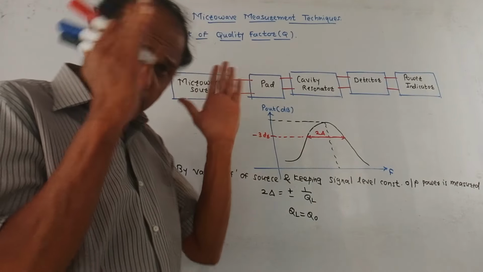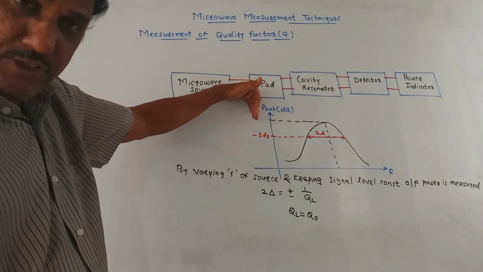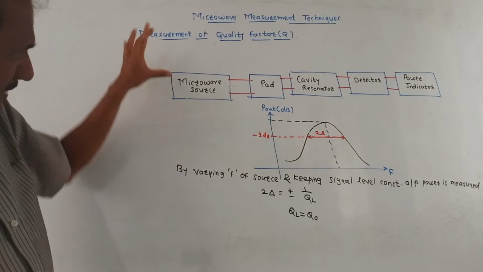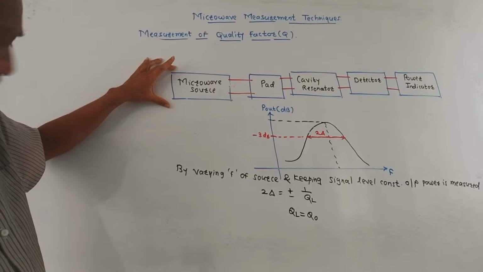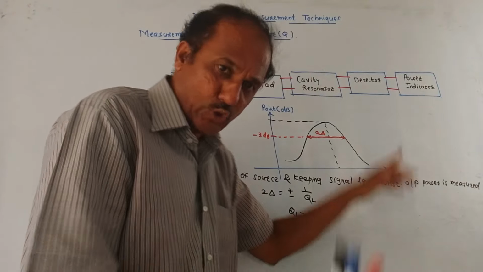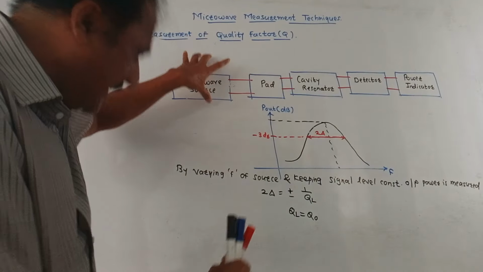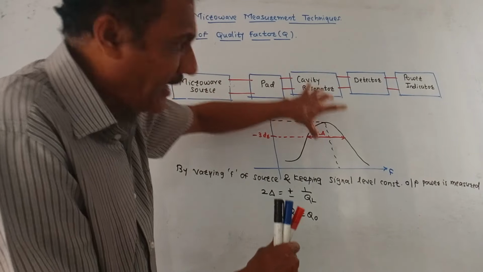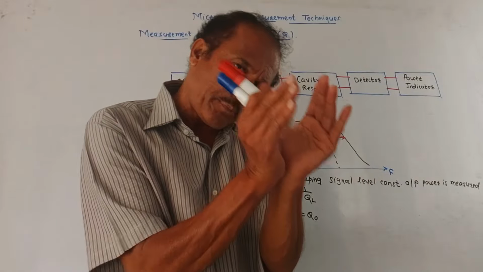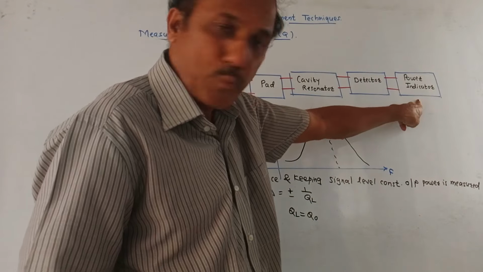Basically, our aim is to plot the graph of output power, which is measured in dB, versus frequency. So you just have to go on changing the frequency of this microwave source by keeping the signal level constant. Every time you change the frequency, measure the output power with respect to that frequency.